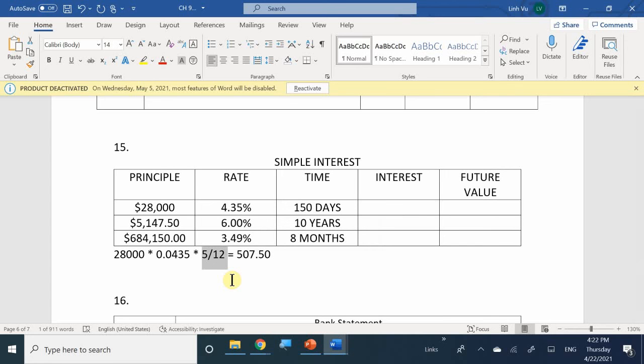It does, because you may round too early, which can pose discrepancies, or you'll be off by a few pennies. But in this case, to make it easy for you, just go ahead and keep it as a fraction. So here I did get 507.50. So therefore, what is my total future value?